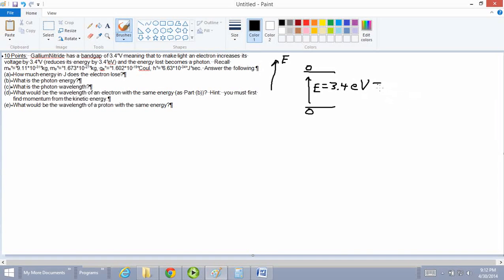which is 3.4 times the charge on the electron. A charge times a voltage gives you an energy. Well, the electronic charge is right there. Remember, usually electronic charge is expressed as a positive number. We remember that protons have a positive this amount of charge.